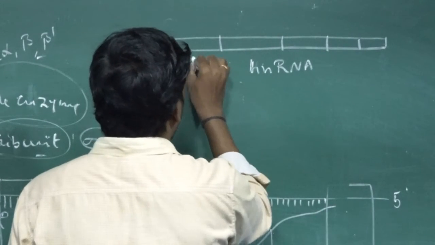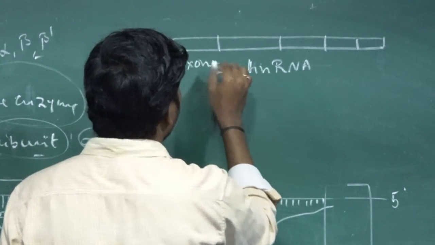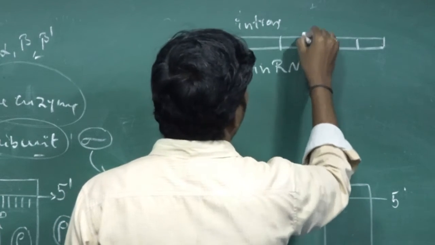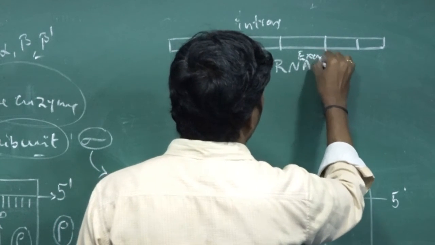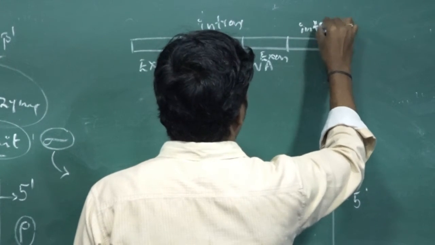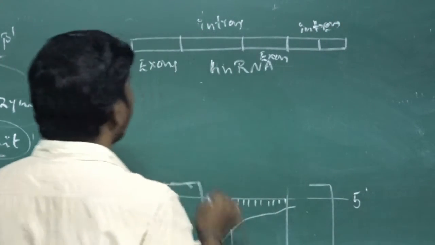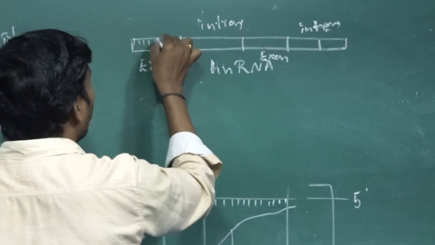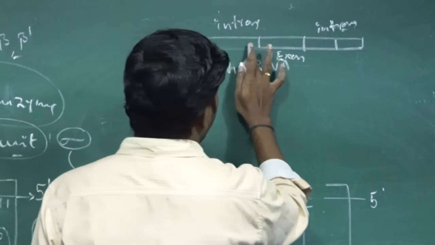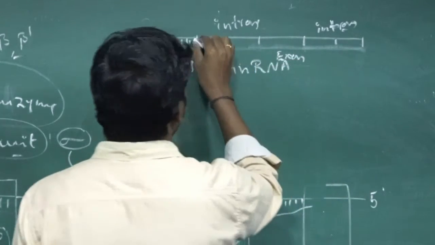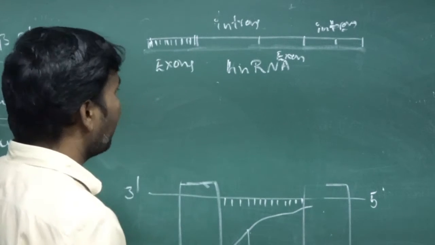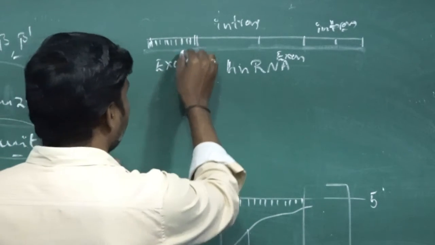So these are the exon and introns, and then the exon and intron. That means some specific portion of the RNA, this is the RNA form only, whatever nucleotides are present in this portion code for amino acids.